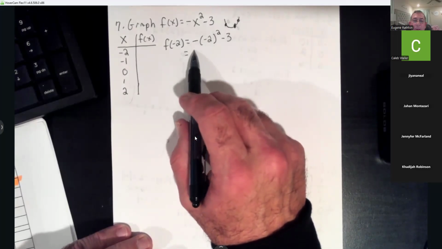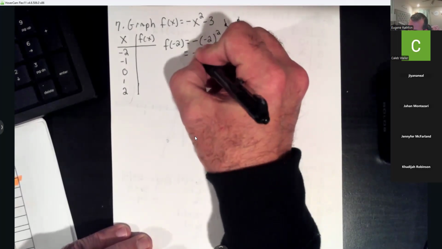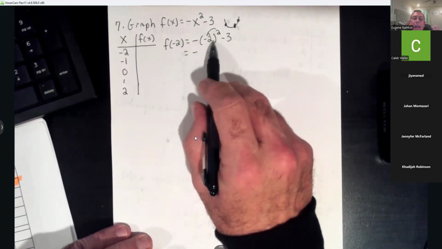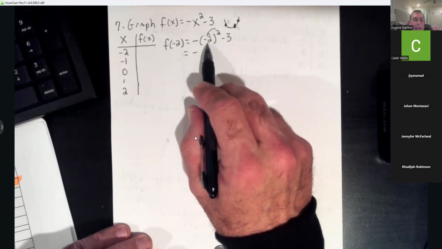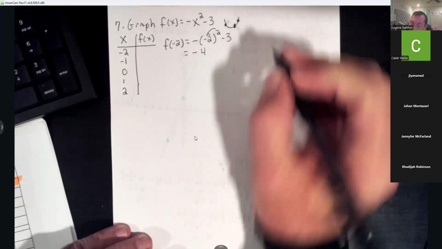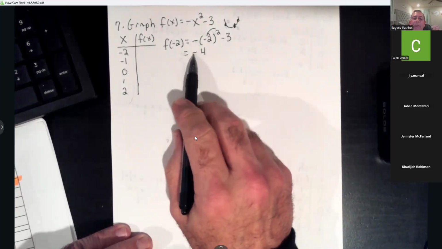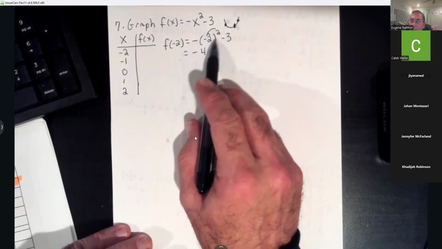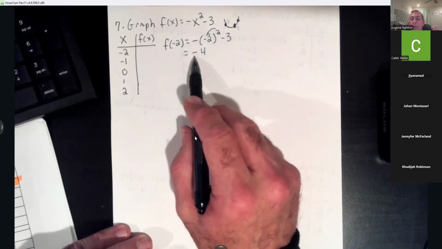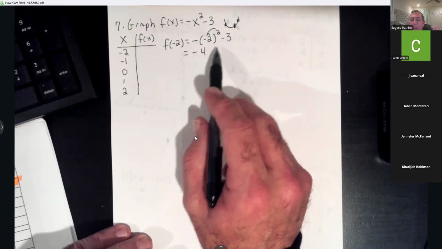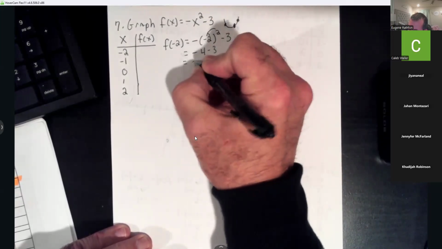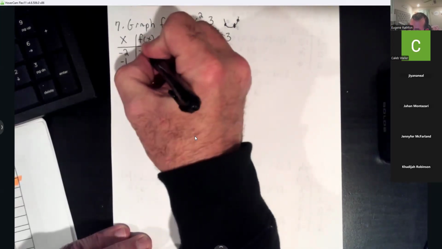So this first negative, I'm going to bring down. Then I'm going to square that -2. So -2 times -2 makes that a +4. So that negative in front is going to keep whatever number you square here. That negative in front is going to keep it negative. And then bring down that -3. And y'all, -4 minus 3, -7.